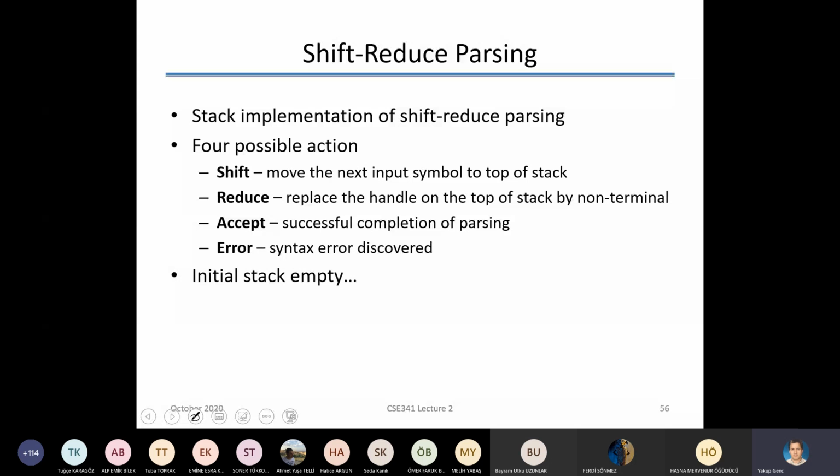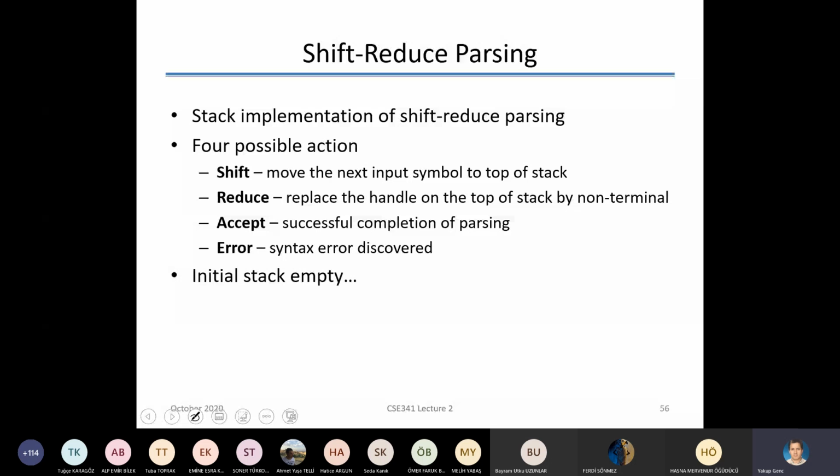And a reduce is to replace the handle on top of the stack by a non-terminal. We're going to talk about what a handle is in a few minutes. So you have some portion of your sentential form on top of your stack, and you want to replace that part with a non-terminal symbol.